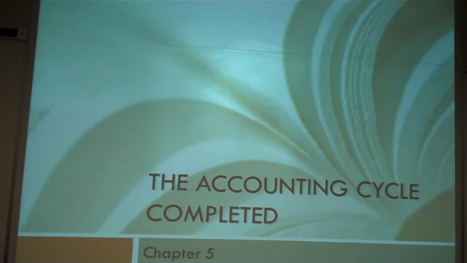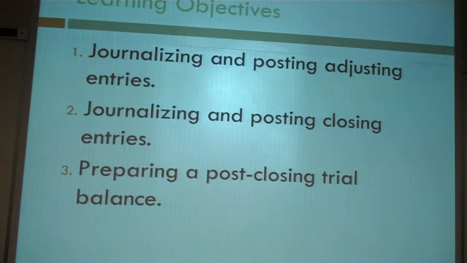So we'll start just recording the adjusting entries in the journal and then posting those to make the accounts current. Chapter 5 is just the accounting cycle completed when we finish with those closing entries. And I'll try to stop going through the PowerPoint when we get to closing the accounts.